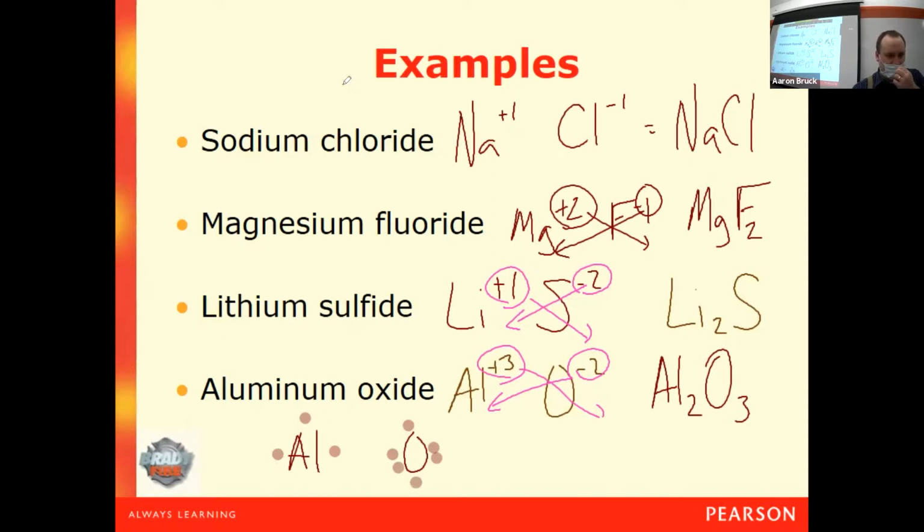Oxygen's got 6. If we fill up the oxygen by taking 2 of those electrons from the aluminum, that takes care of that oxygen, but the aluminum is still left hanging. It hasn't gotten rid of all of its electrons yet.